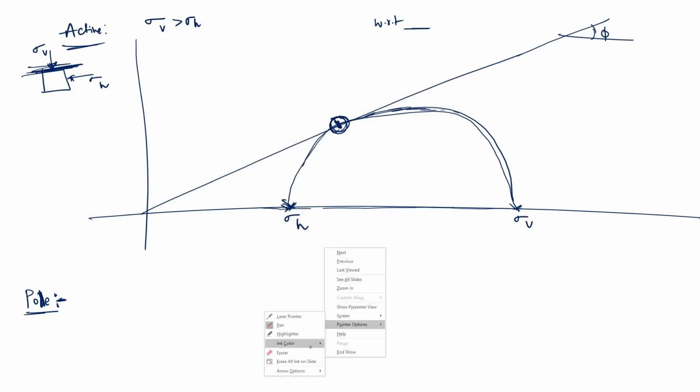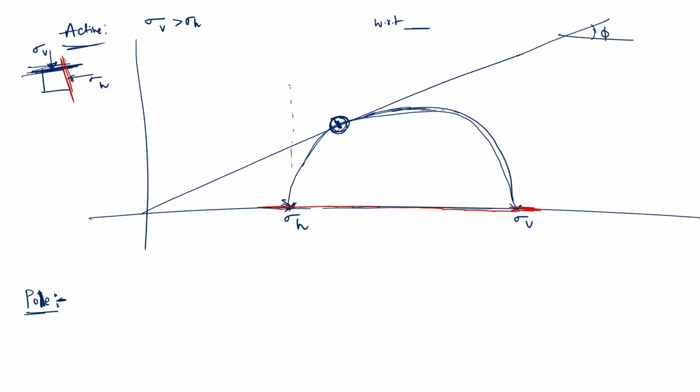Let me change the color. So I am drawing a horizontal line from sigma v. Sigma h is acting on the vertical plane, so I will draw a vertical line from sigma h. So the point of intersection of these two, that is the pole. This is the pole. Okay, that is how you should find the pole.